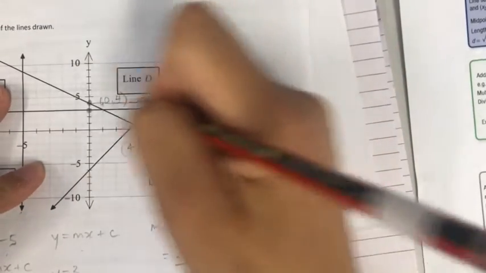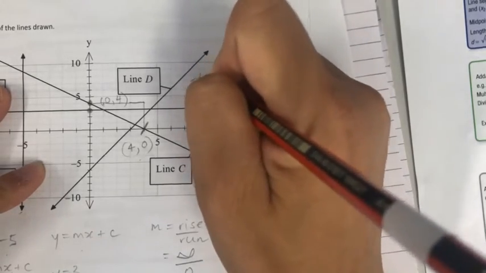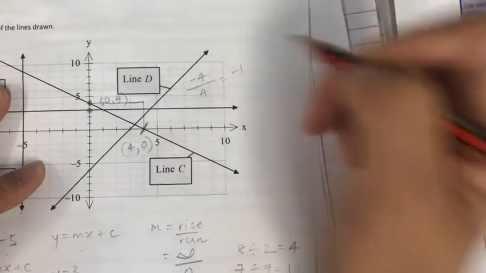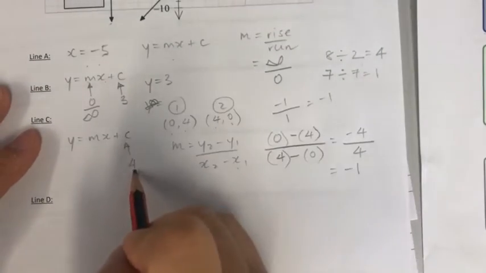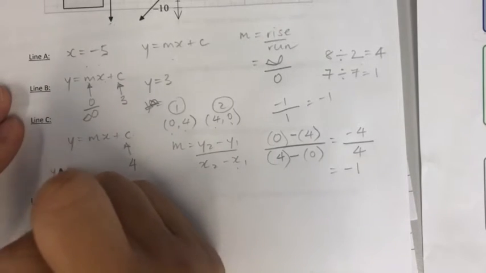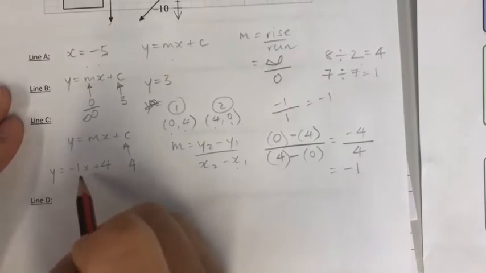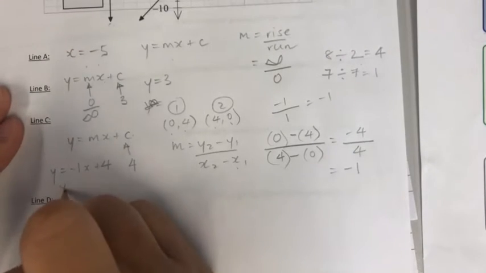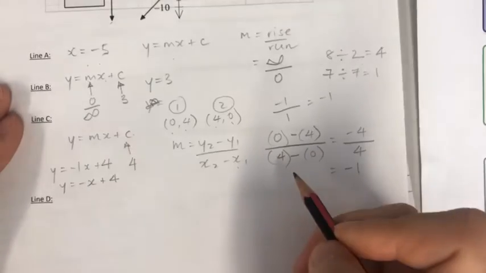So that's a run of 4 and a rise of -4, which will then give you -1 anyway. So to complete my line equation, I've got my y-intercept. The gradient is -1, so I can write -1x plus 4, and I can remove the 1 because minus x means minus 1x.